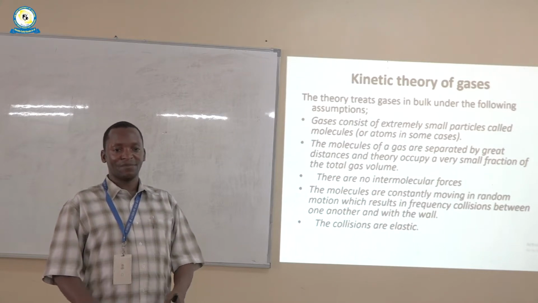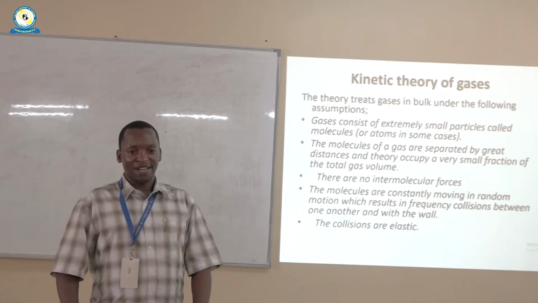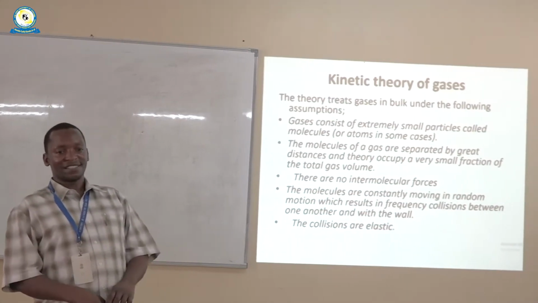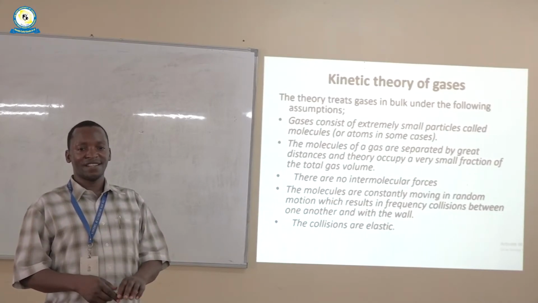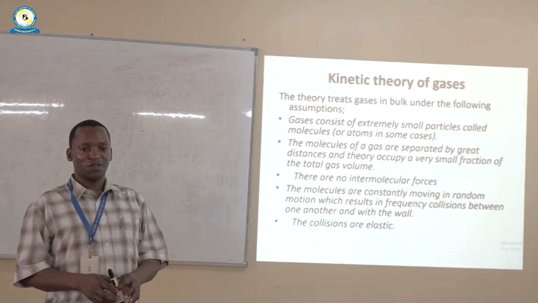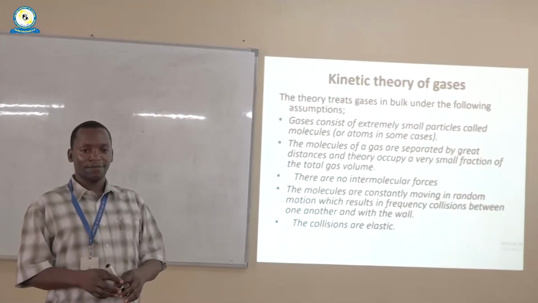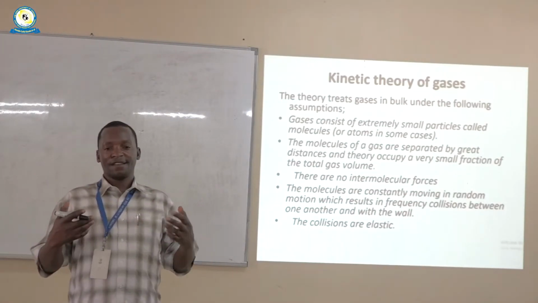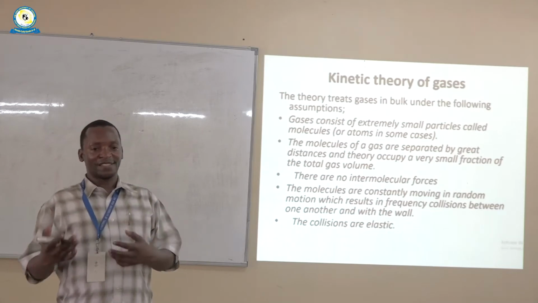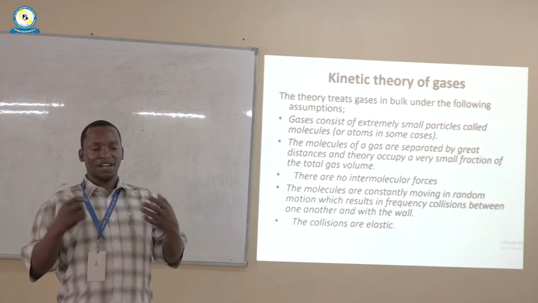Another assumption was that the molecules of a gas are separated by great distances and they occupy a very small fraction of the total gas volume. As you can see, we have been treating the volume of gas as the volume of a container.